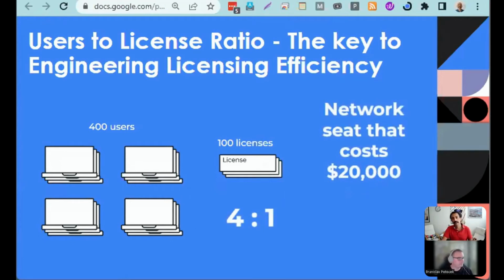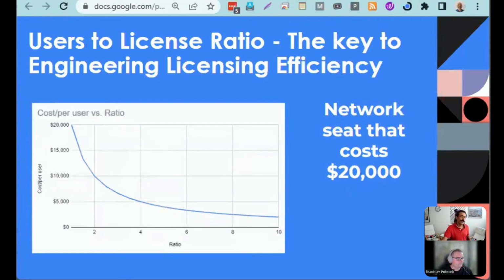Let's take an example, a network seat that costs $20,000, and let's look at the chart. When we have this ratio of 4 to 1, we see that the cost per user is $5,000. But if we do less well, we are going to a price of $10,000 per user. If we do better, which is definitely possible, we are doing much better.